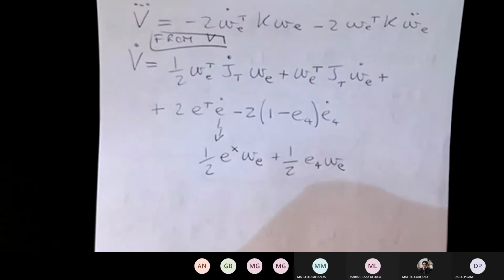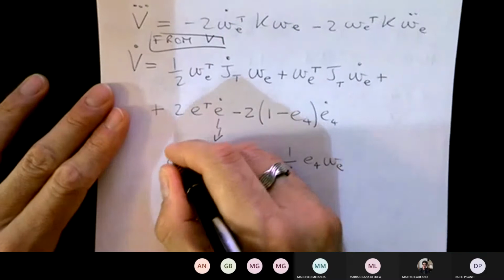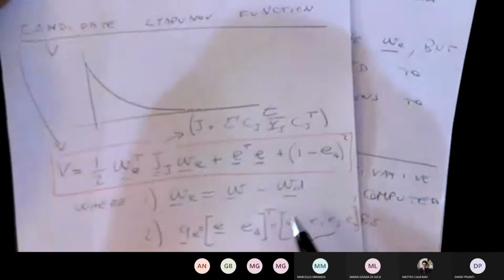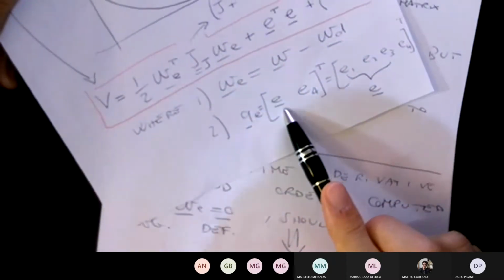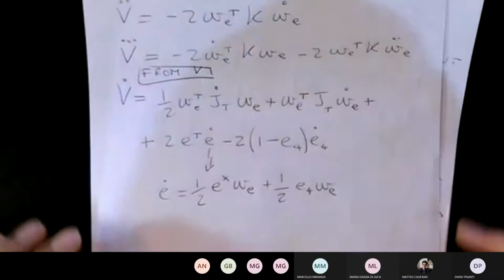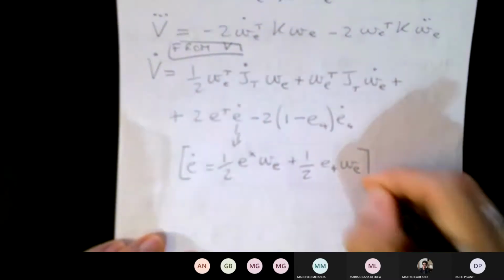I'll leave it up to you to do, but it's basically just kinematics. So E dot, and remember E is only the first 3 components of the error quaternion. Okay, this is how I defined it. First 3 components of the error quaternion. By using the kinematics equations with quaternions, you can prove this expression.